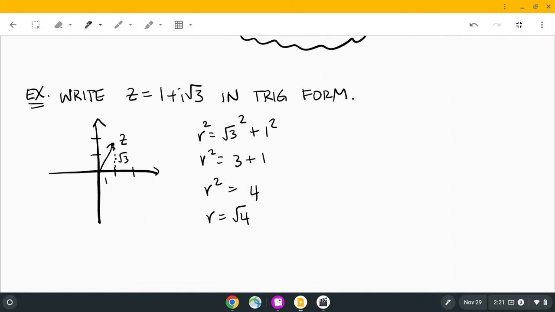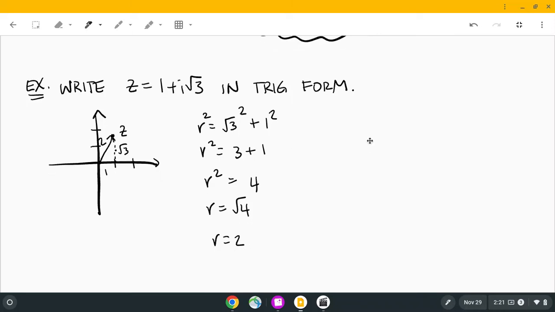All right, so we have all three sides. In order to write this in trig form, we need to replace the x with a trig function and the y with a trig function. We know that x is r cosine theta and y is r sine theta.